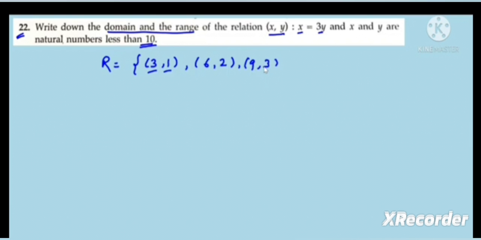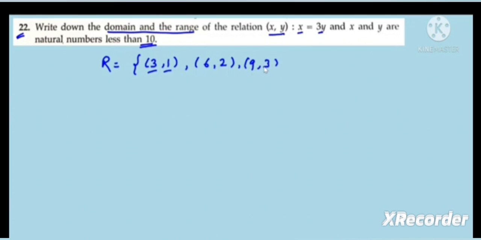If I put y as 1, then x is coming to what? 3, because 1 into 3 is 3. Second, we have to put the values and check that x should not exceed 10, it should be less than 10. Now if I put y as 2, then x is 3 into 2, so it is 6, 2.